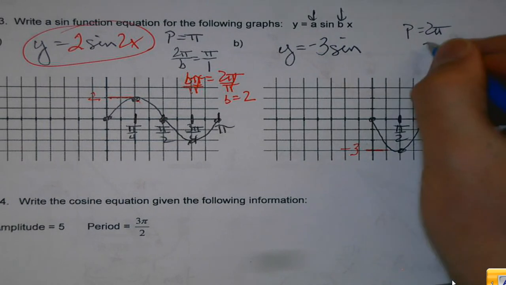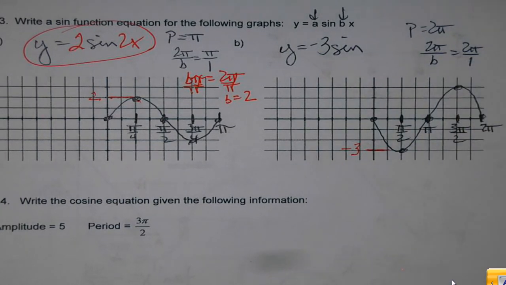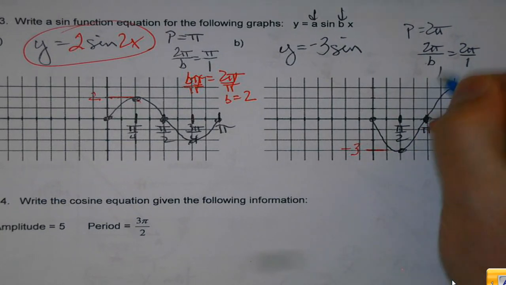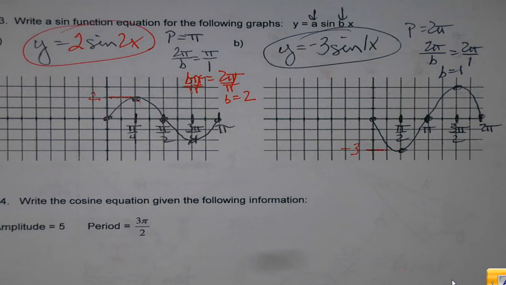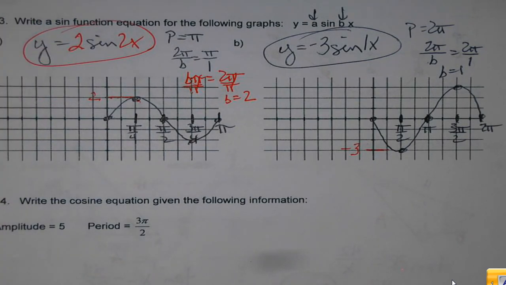Because if you think about it, 2 pi over b equals 2 pi over 1. Well, if these are the same, these have to be. And you could put the 1 with the x, you can just put the x. Doesn't matter. And say okay. So we got to find our period, we got to find our b to be able to do that.